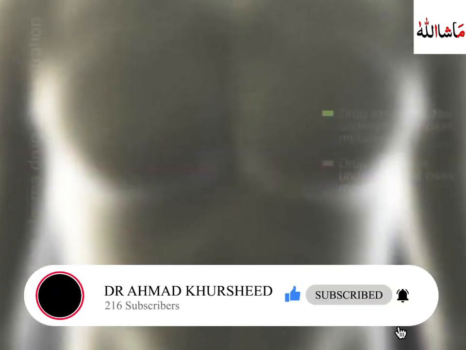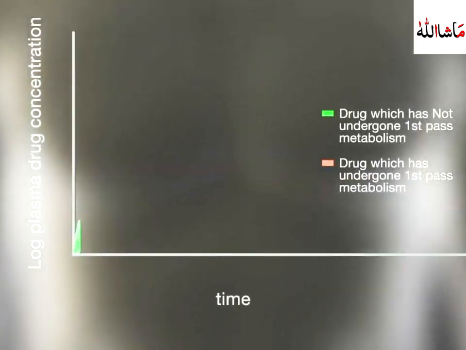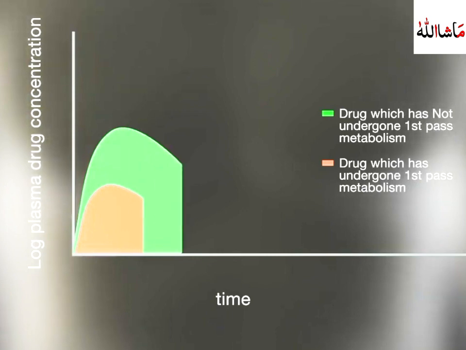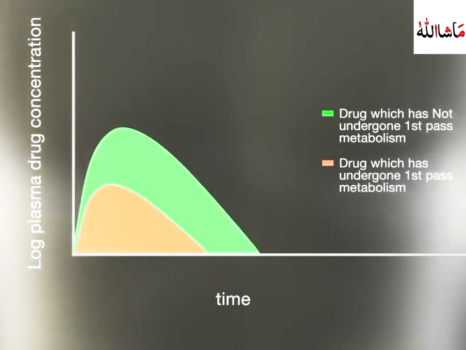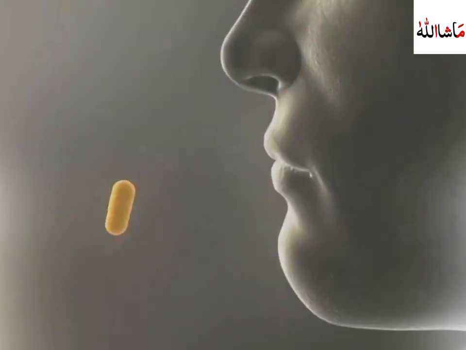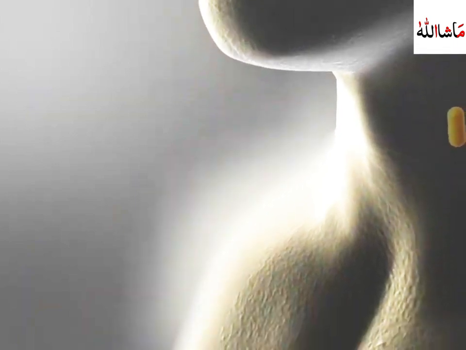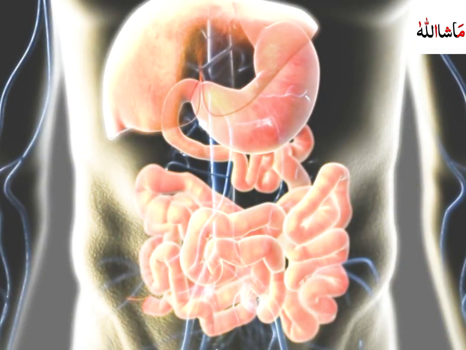First-pass metabolism can lead to lower concentrations in the blood and reduce an orally administered drug's bioavailability. Bioavailability is a measure of the fraction of taken drug which makes its way into the general circulation. Drugs taken orally are delivered to the stomach and then to the small intestine.